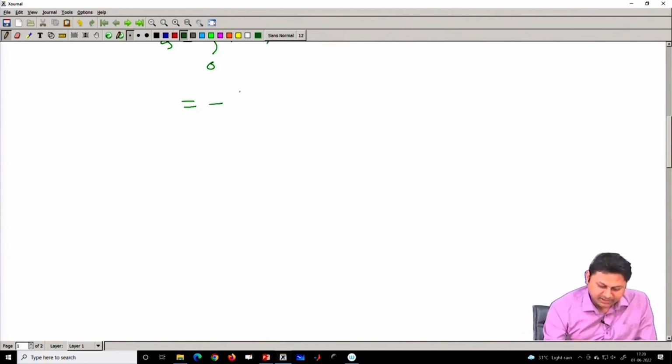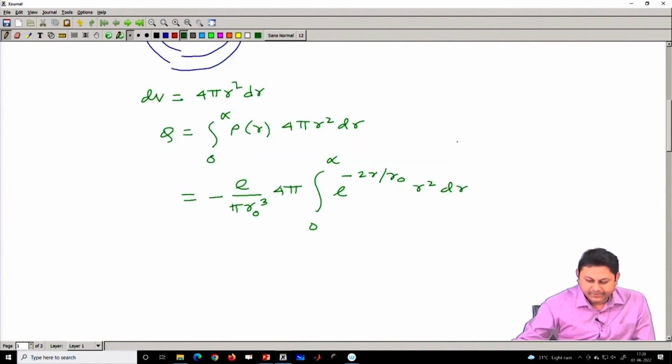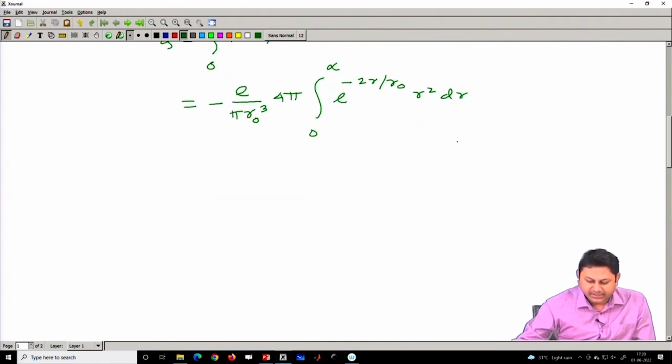So I have minus e divided by pi r naught cubed, then 4 pi, and then the integration from 0 to infinity of e to the power of minus 2r by r naught, times r square dr. Okay, that should be our integration.